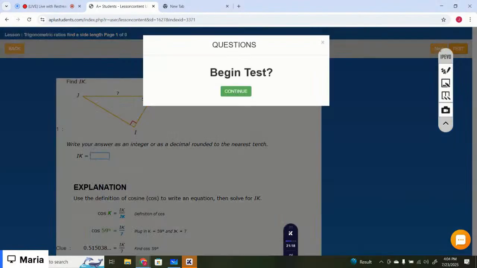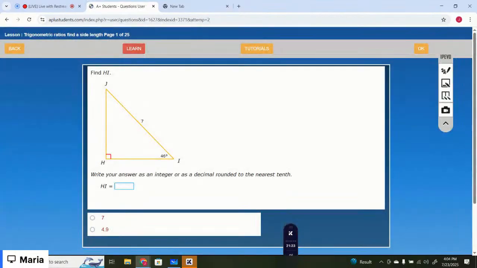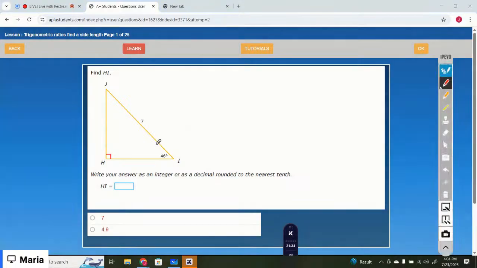Let's just start with the test questions. Find HI. So we need to find the side length HI. We can go for cos 46 degrees. Cos 46 is HI divided by IJ.